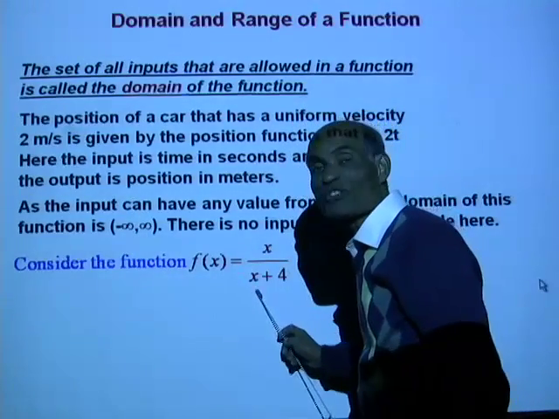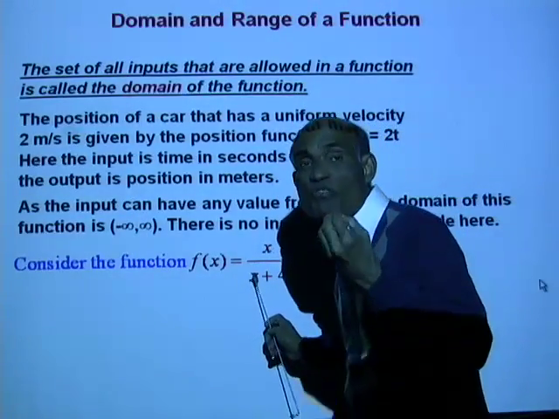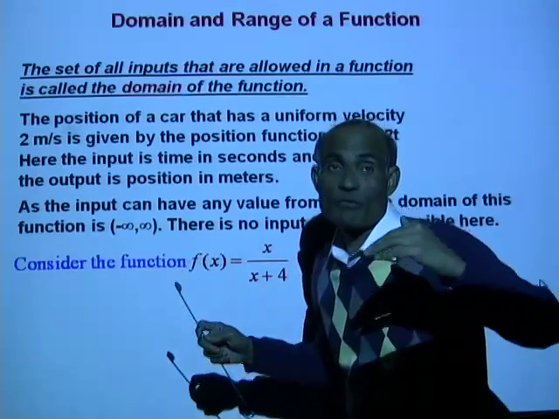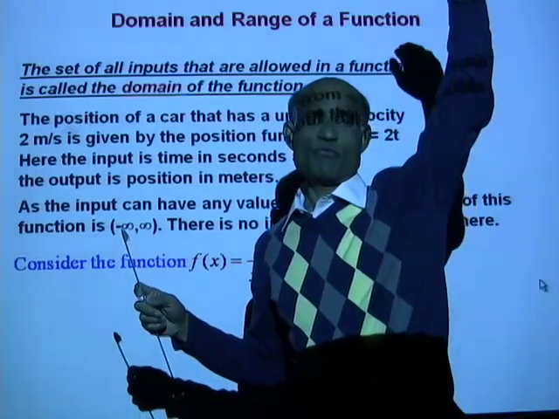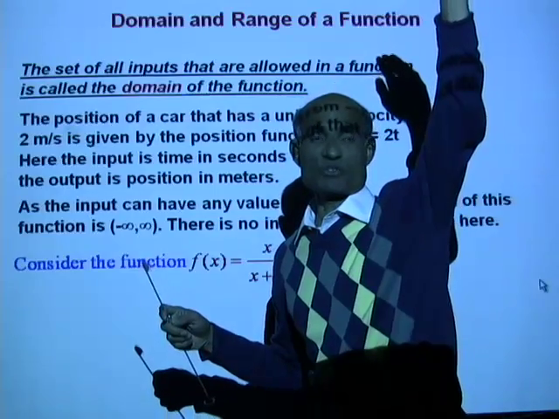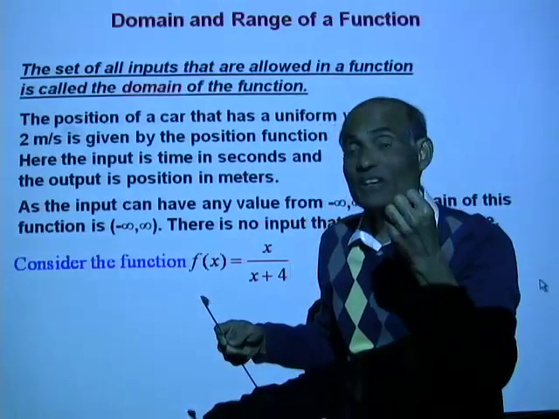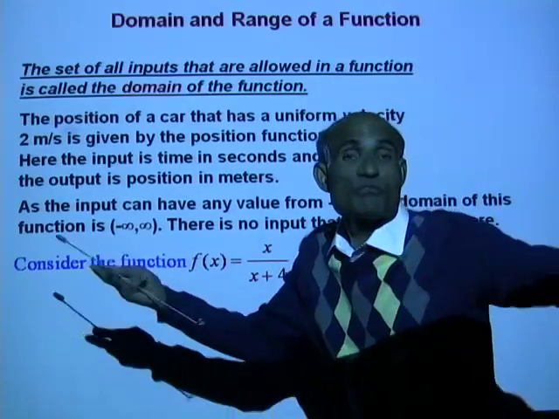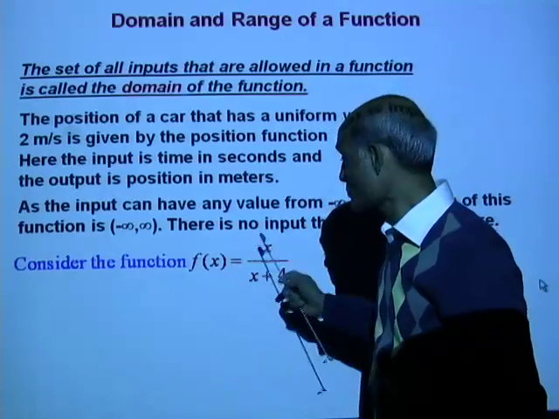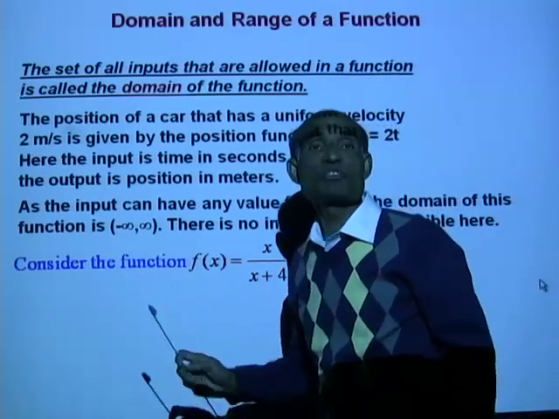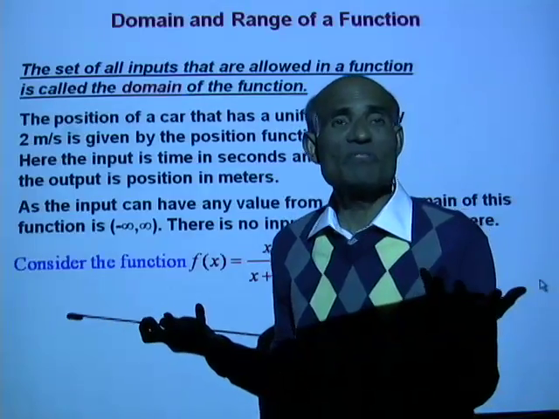And when x is very close to 0, the function value will be very large. And when x is equal to 0, we don't know what it will be. And that's the reason why we say a number cannot be divided by 0.